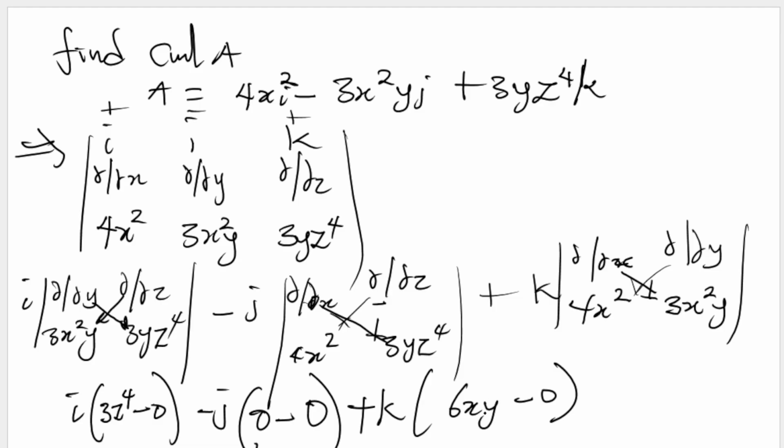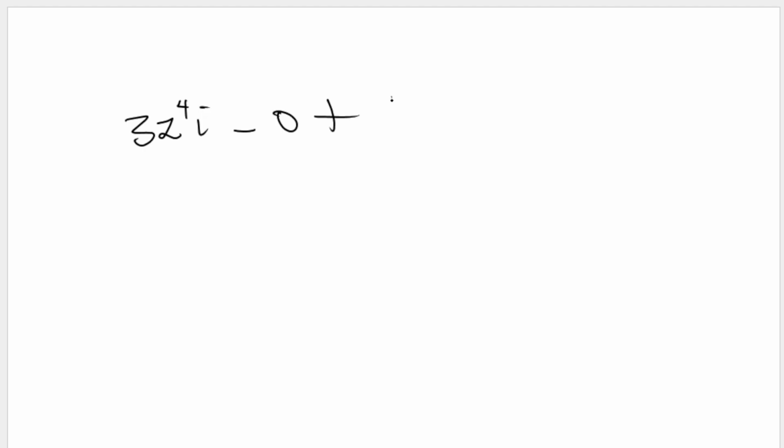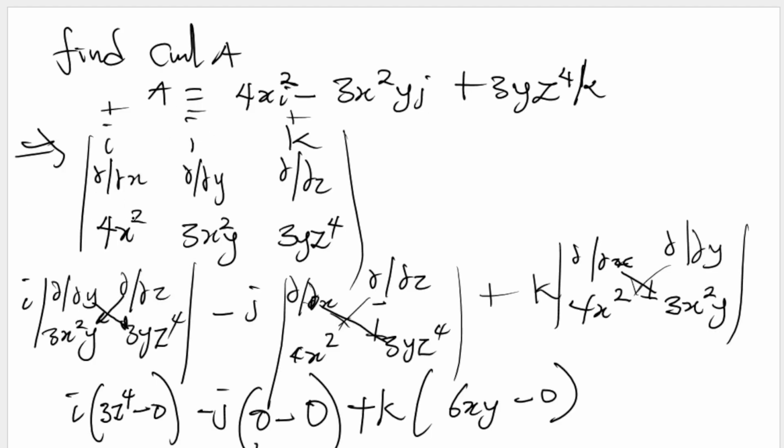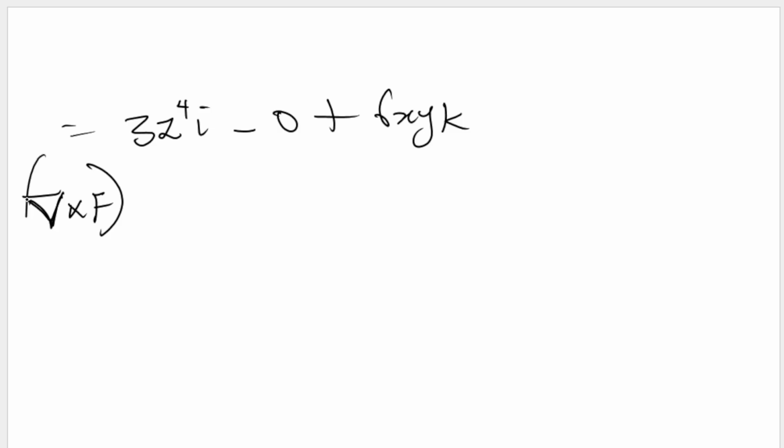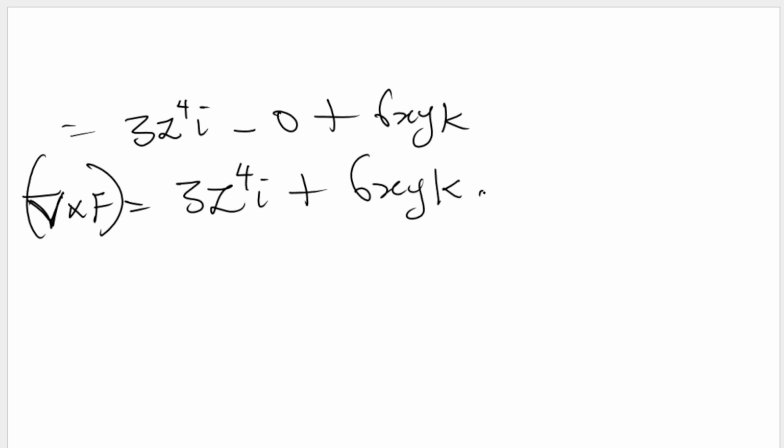So you have 6xy multiplied by your k, and that will give you 6xyk. If you want to simplify this further, the curl of our field vector F will simply be equal to 3z raised to the power of 4 i plus 6xyk. So this will be your answer.